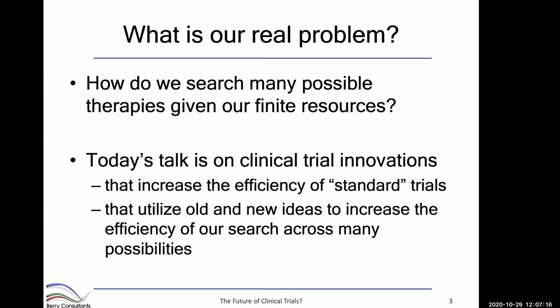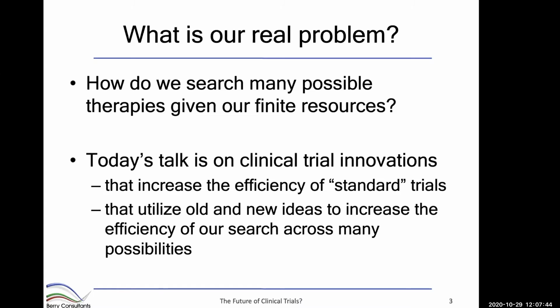The real problem that I want to discuss today is really a search problem. A notion that we're trying to investigate a condition, a disease, and we've got many possible therapies. And the question is, how do we search through that space given our finite resources? So this isn't a simple problem of, I want to know, does agent A work in a particular disease?